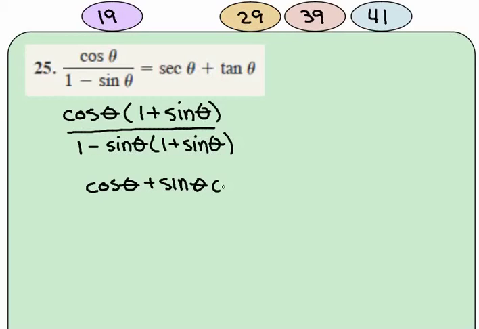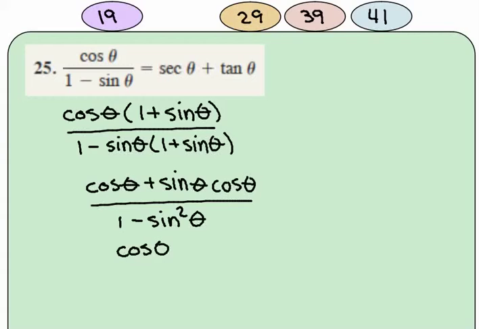On the bottom, we'll notice we have a 1 minus sine squared theta. Sine squared theta is just cosine squared. So on top, we still have cosine plus a sine cosine. And on the denominator now, we have a cosine squared theta.